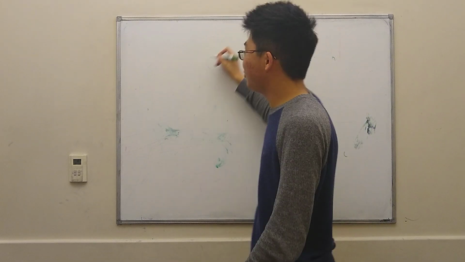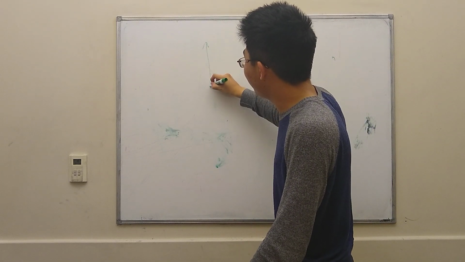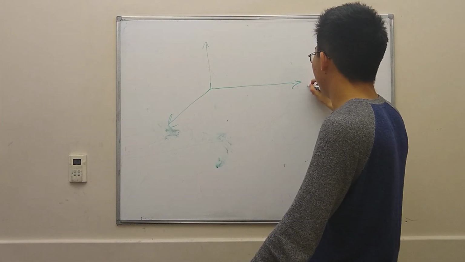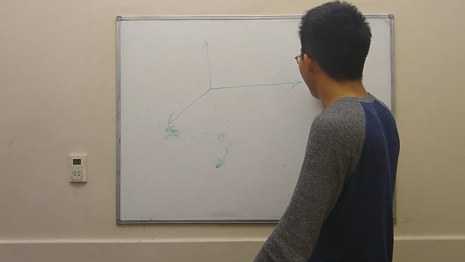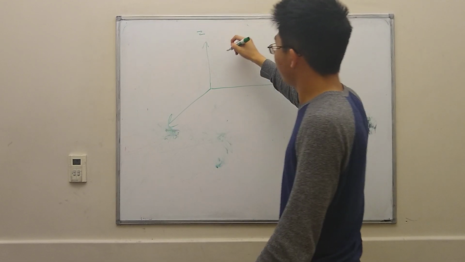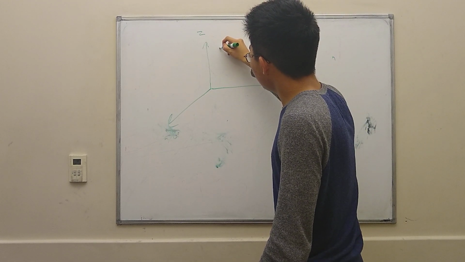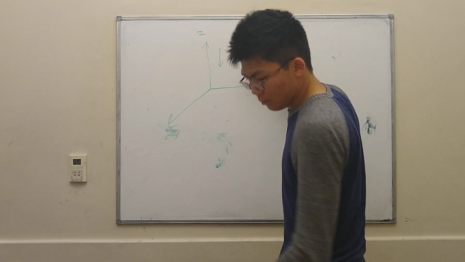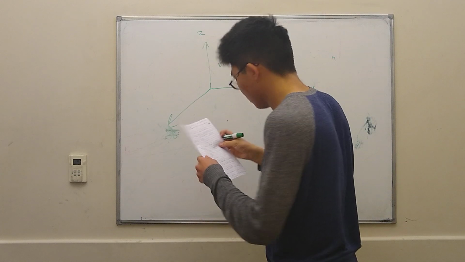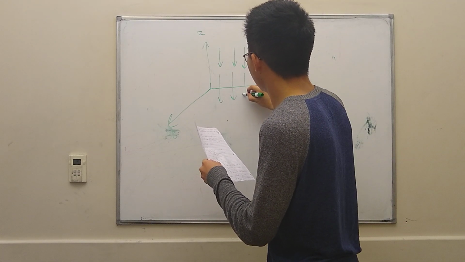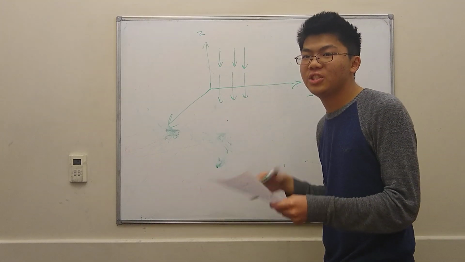All right, so let's return to the plot of the gravity field. Just like before, this is our y, our x, and here's our z. I'm not going to draw too many lines, just for simplicity.